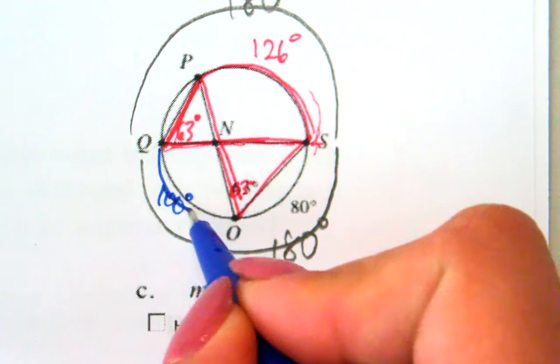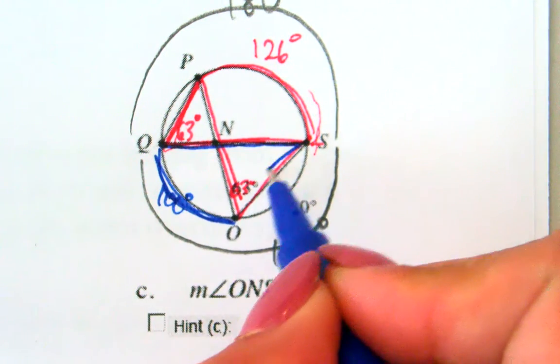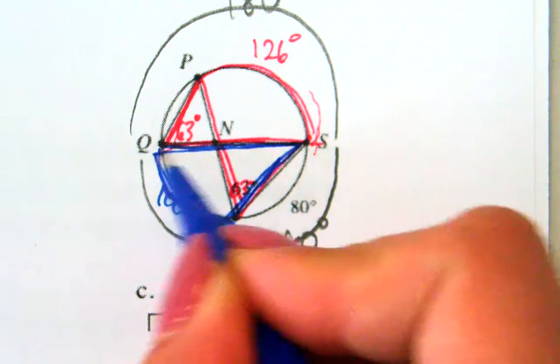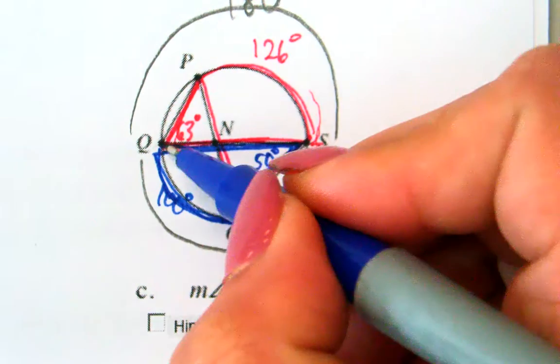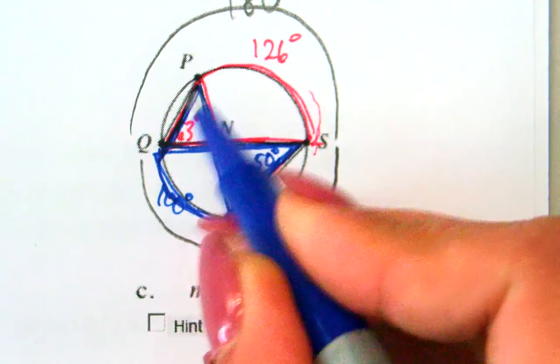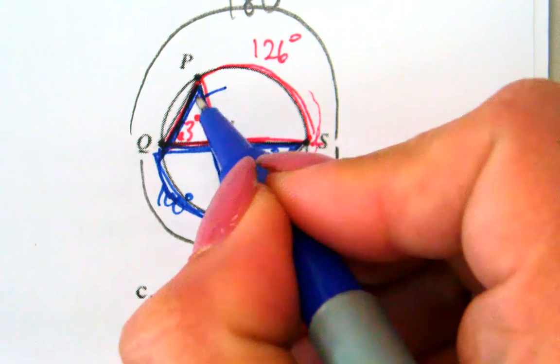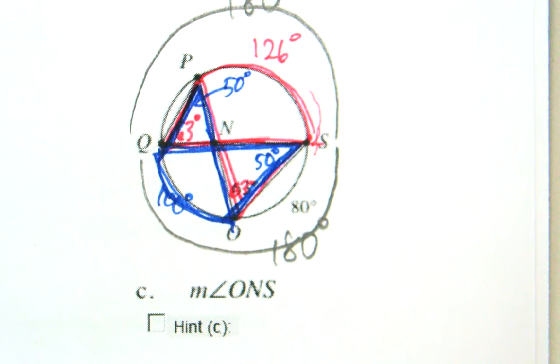And then this arc out here, which is 100 degrees, is actually subtended by this angle in here. So that's 50 because that's half of it. And then this angle here, which subtends this one also, gives this one in here 50 degrees.